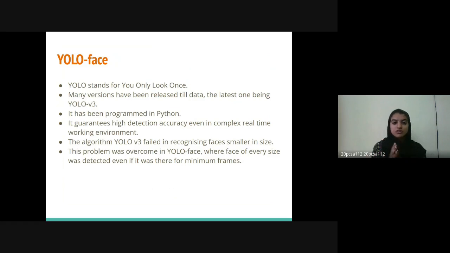The authors of YOLO face came up with a solution to that problem, where they made sure that not only the face in the background gets captured, but even a face which is there for a very minimum instance of time gets recognized very effectively. They use MSE, or mean squared error, to bring down the error rate. So compared to YOLO V3, YOLO face was a very good upgradation from the existing ones.